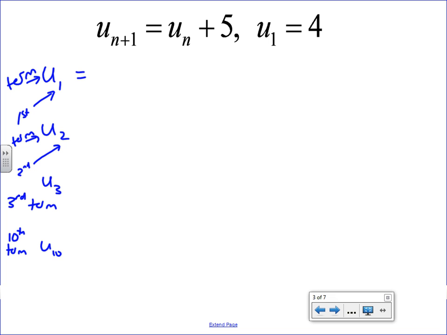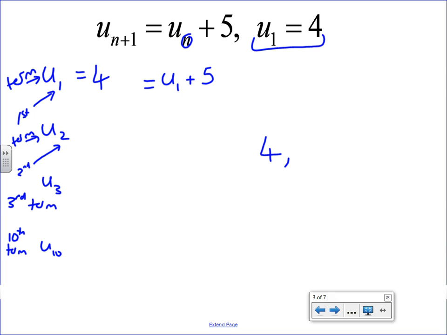So u1, we're already told, just says the first term is 4. So our series starts with 4. Now, what does this say? Let's put n is 1 there. So this would say u1 plus 5.